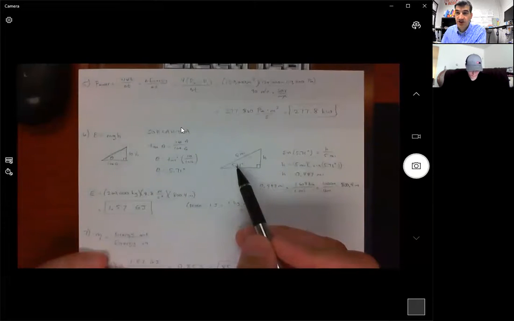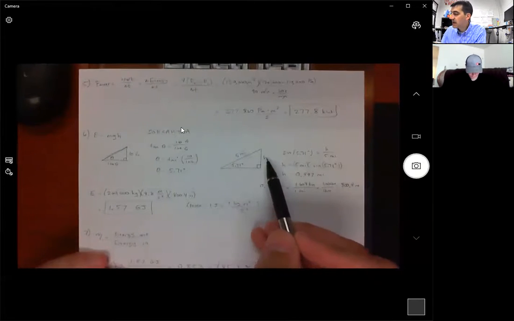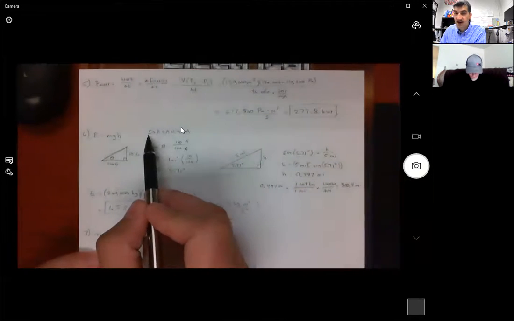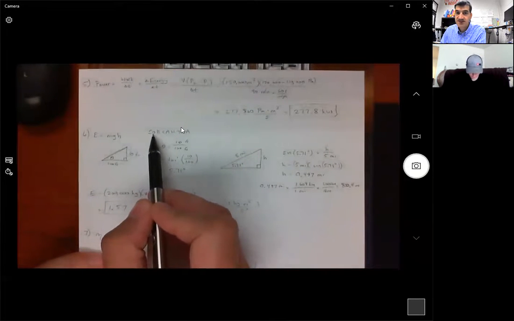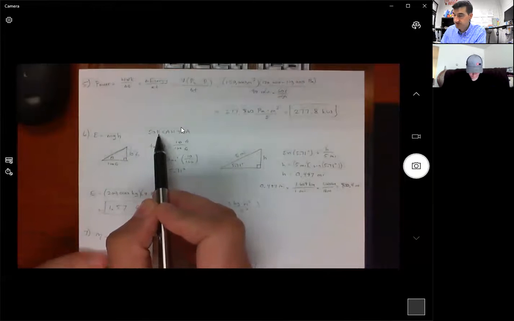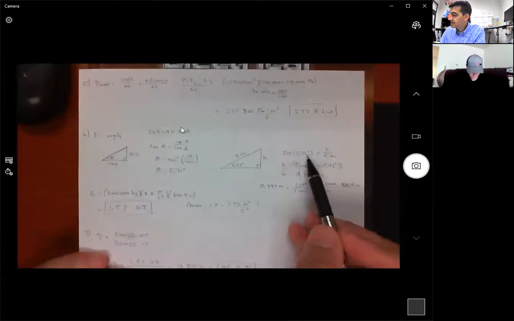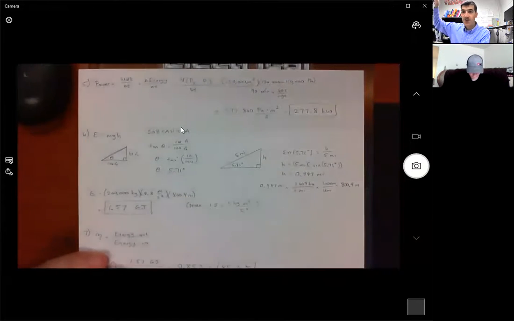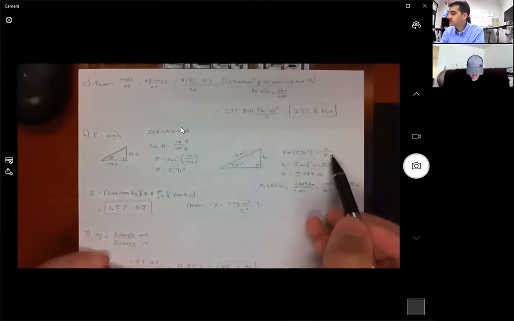The trigonometric function that relates the angle, the opposite side, and the hypotenuse is sine. Sine of any angle equals the opposite side length divided by the hypotenuse. So the sine of this angle equals H, which is the opposite side length, the vertical distance we go up the mountain, divided by the hypotenuse, which is 5 miles. Now just solve for H.